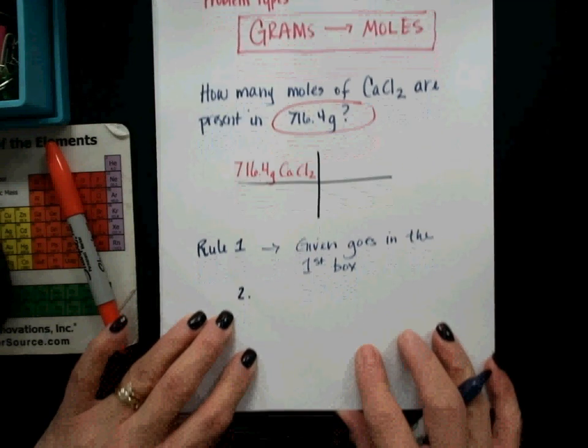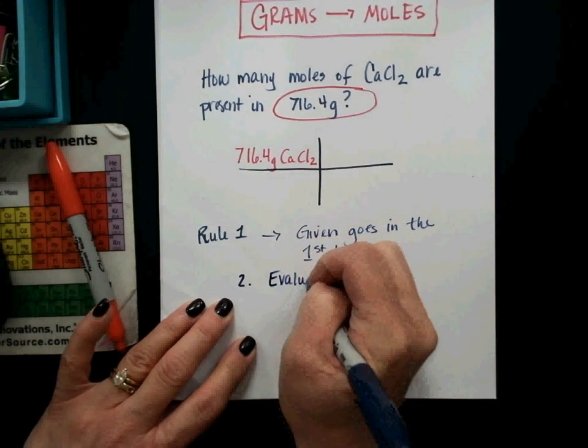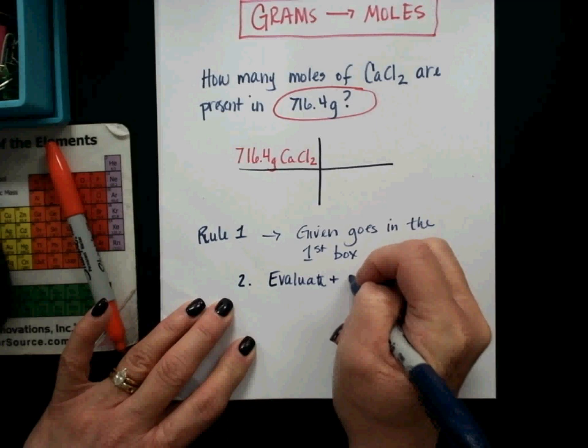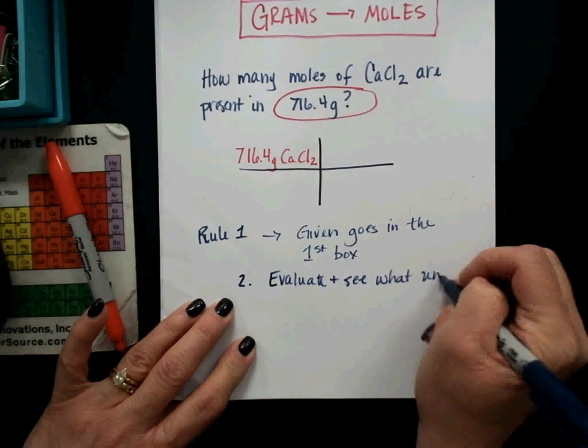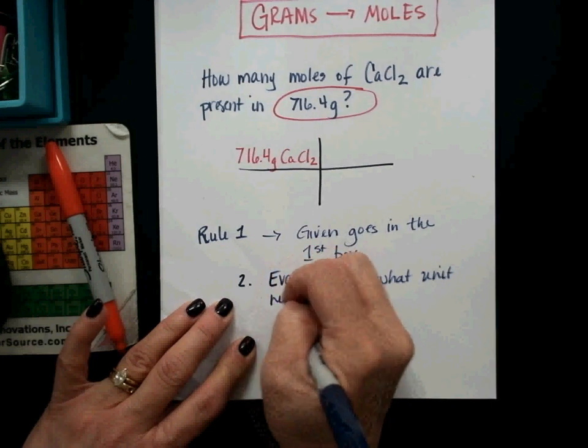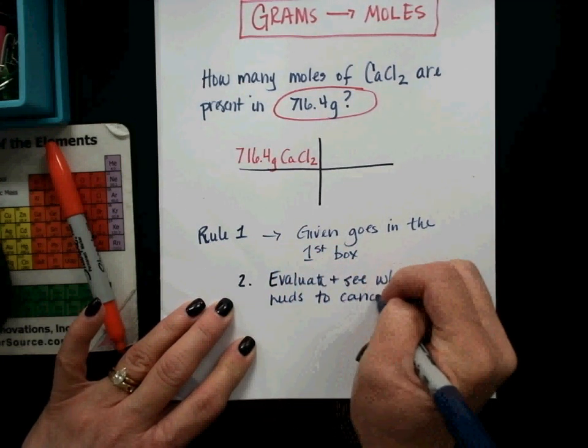So we've got that in there. Then the second thing we need to do is evaluate and see what unit needs to cancel out.